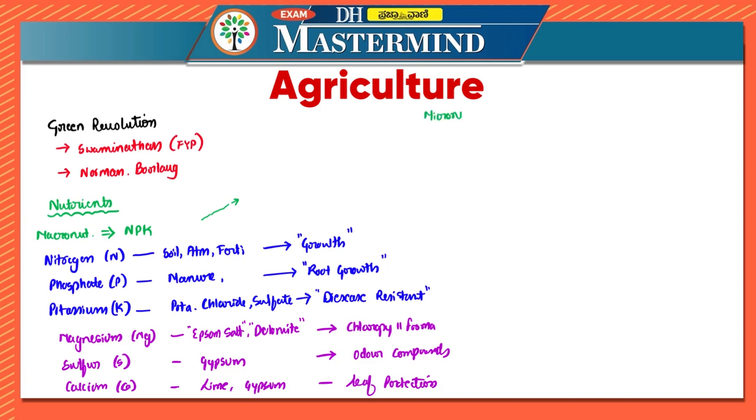Now the macronutrients are the most important ones. We'll also look at some of the micronutrients, not all of them. Micronutrients, you can say it as iron. Iron also helps in the growth, it helps in the chlorophyll. And then you have copper. Copper helps in the respiration and for the enzymes. Then there is boron.